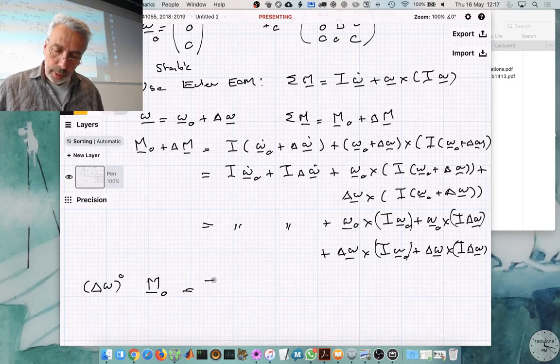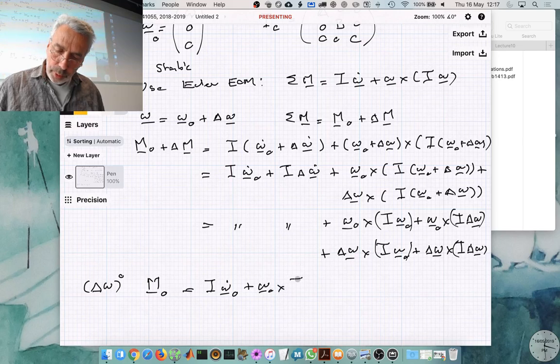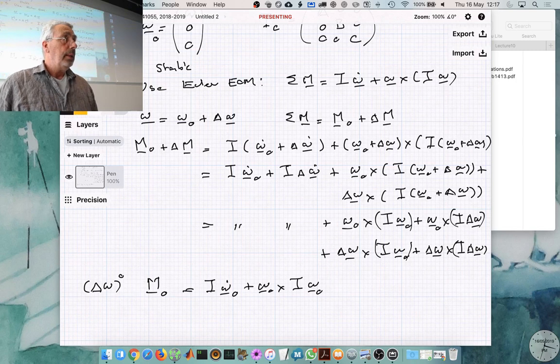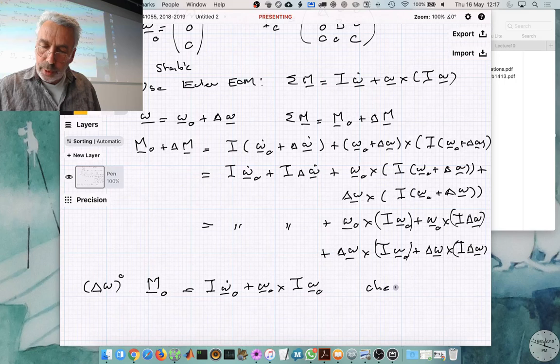Then I get I omega dot 0, plus omega 0 cross I omega 0. This is what we call the state about which we linearize, and this should hold. So if I put in all the numbers, then the results should comply. Now we can check if that is okay.